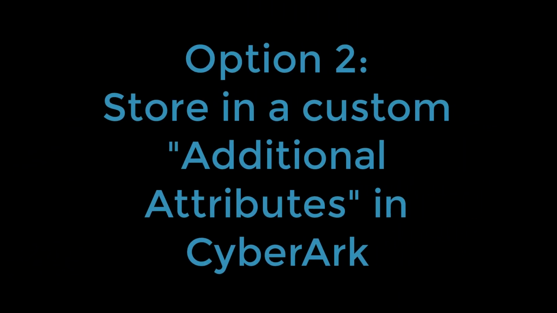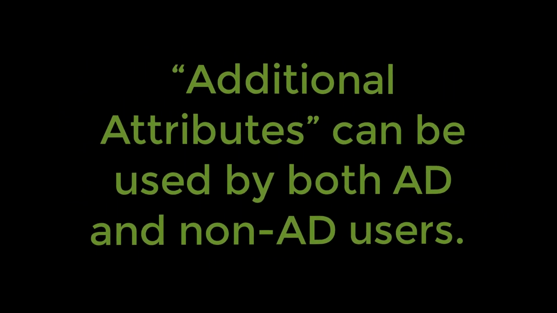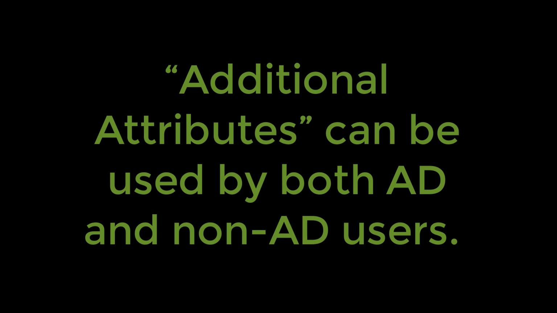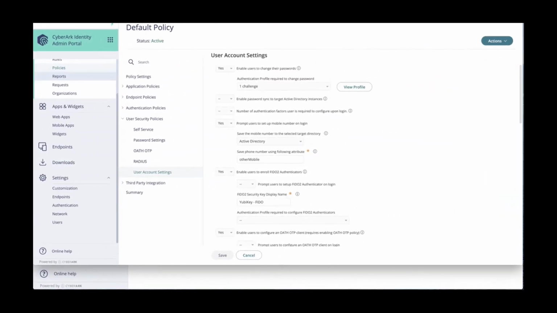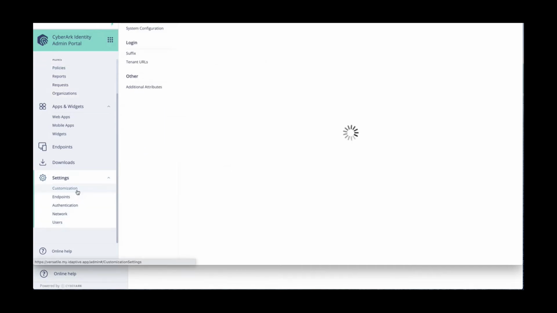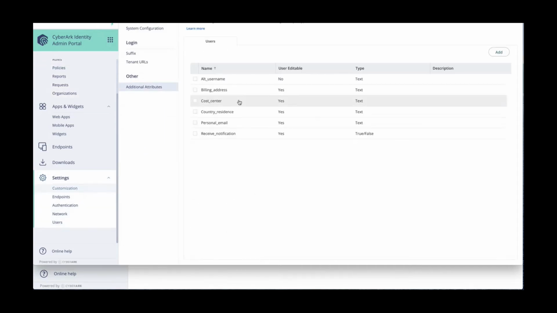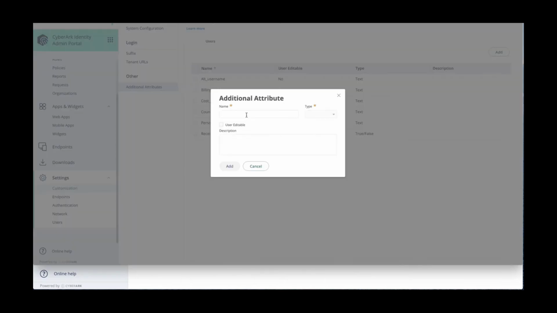The second location we can store our mobile number is the custom additional attribute in CyberArk. Additional attributes can be used by both AD and non-AD users. To use additional attributes, we'll go to Customization, Additional Attributes, and click Add to create a new custom attribute. Mobile numbers stored in additional attributes will not appear in the global address list.